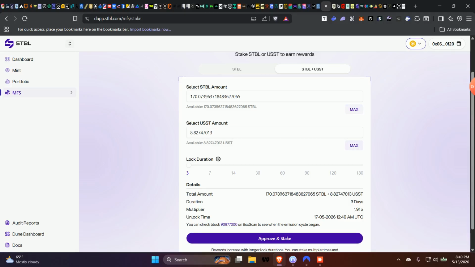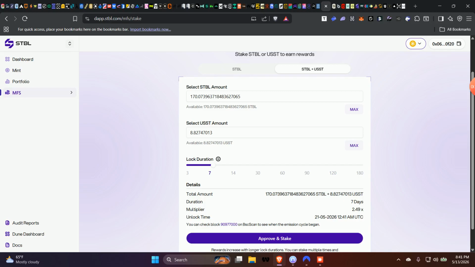But let's say I went ahead and I staked some STBL and USST as a liquidity position. Now, here's the lock duration. As the reward period nears its end, the maximum lock time shortens to ensure your stake concludes before rewards expire. In other words, they have a built-in cooldown period, okay, if you know what that means.